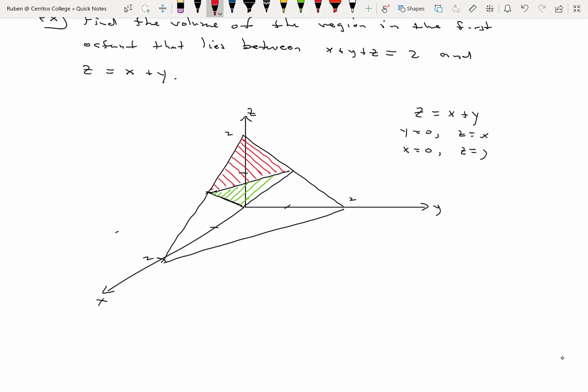This can be viewed as a type 1 region where on top we have the red and on the bottom we have the green.